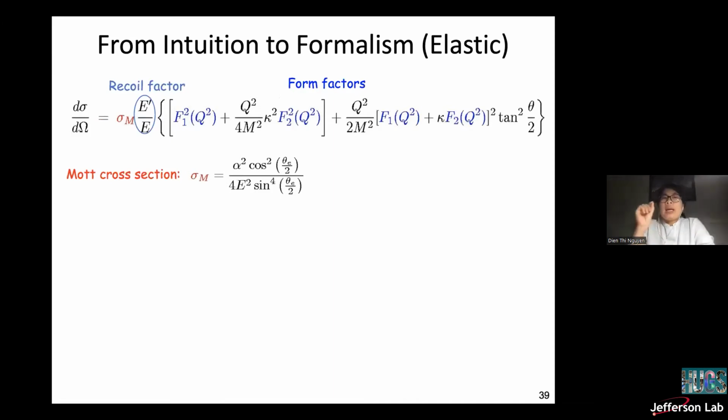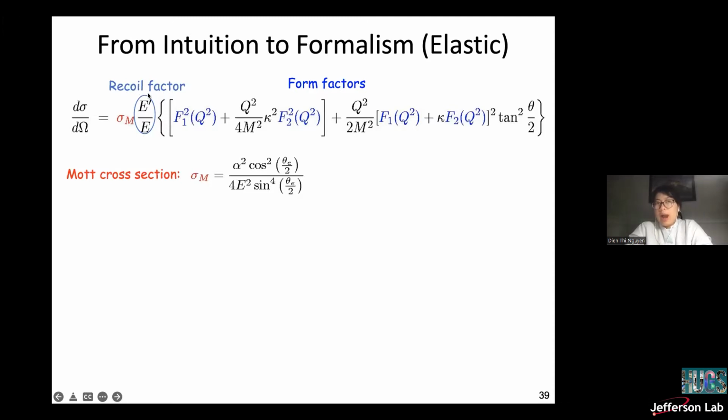So the thing is that I just mentioned that we assume this Mott cross section is on a target with infinite mass, right? But it's not true. The target has some mass and it will have a recoil factor. So in a realistic picture, we need to correct for what we call the recoil factor.